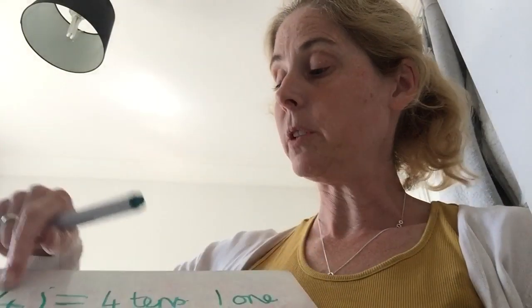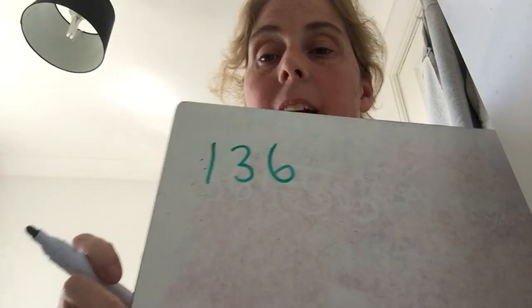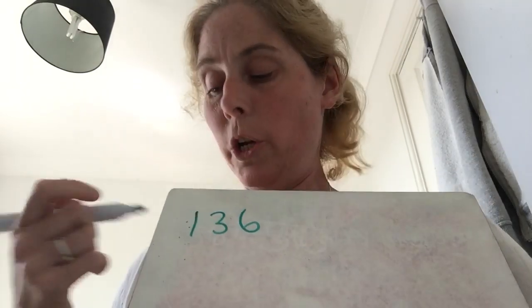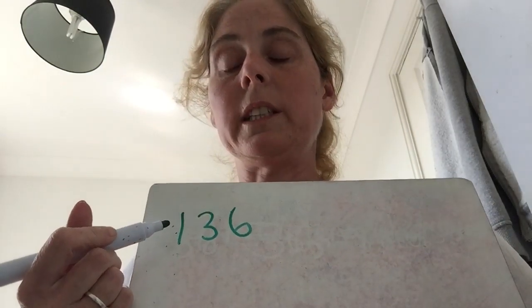If you are going to move on to a 3-digit number, so for example, if you had this 3-digit number here, okay, who can tell me what this number says?